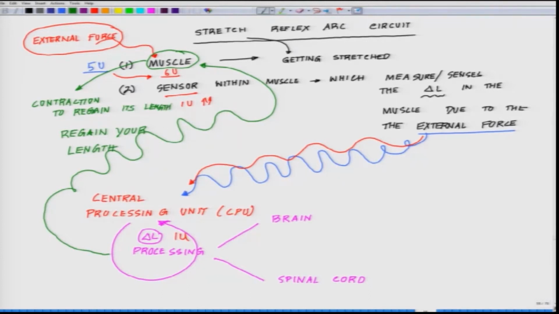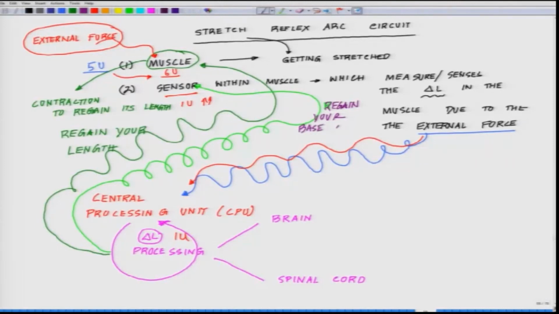Simultaneously, this central processing unit sends another signal, which I am putting in the lighter green color, to this sensor, because there is a change in the length of the sensor too. Let me pick up another color: regain your base configuration.